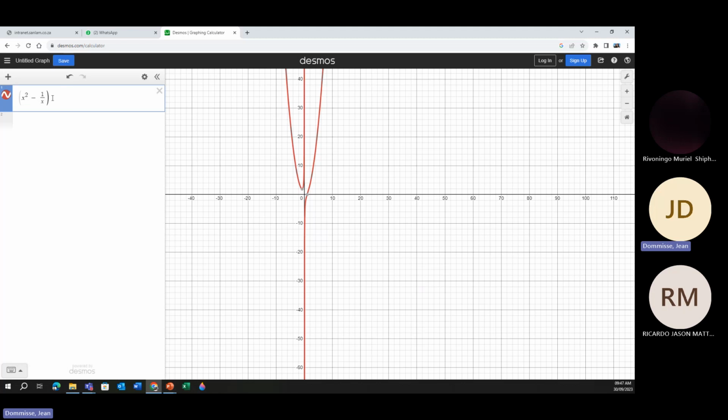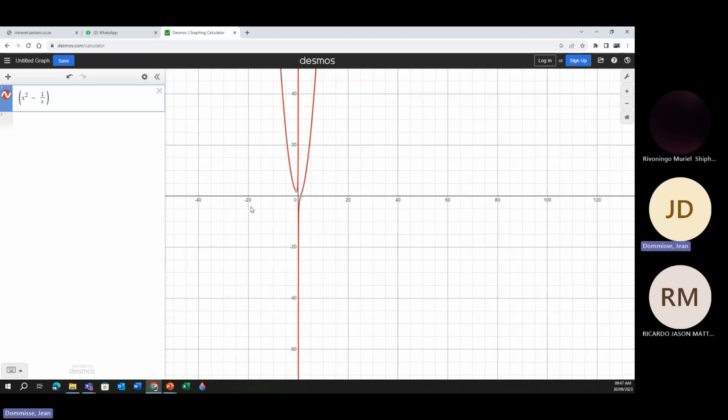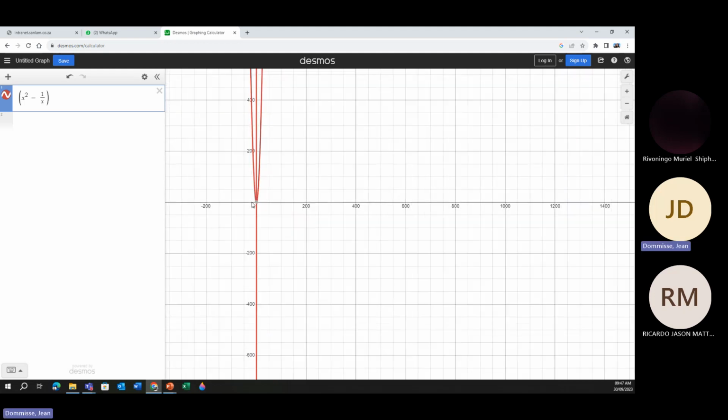So probably need to find a better graphing tool. Let's see if I see it doesn't change. So you can see obviously that is the one graph. This is the other one, but it should be one graph.